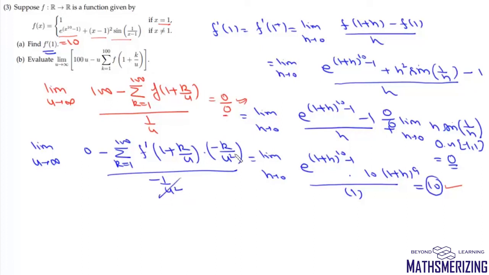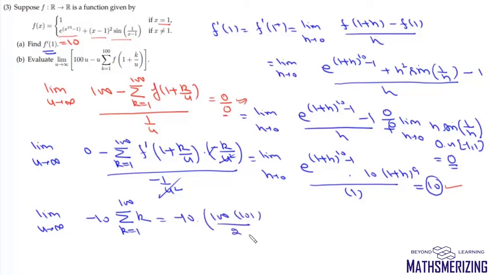Now 1 upon u square and 1 upon u square will cancel. The value of f dash 1 is 10. So we'll get this limit as minus 10 times the summation k varies from 1 to 100 of k. So it will simply be minus 10 and then n(n plus 1) upon 2. So this value will be minus 50500.